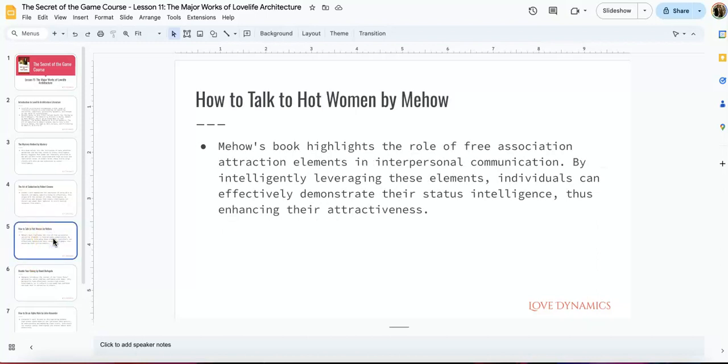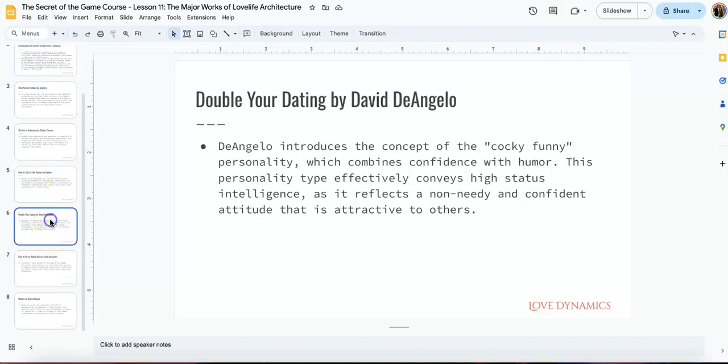With regard to How to Talk to Hot Women by Michał, Michał really talks through the ability to free associate elements of attractiveness, which we're referring to as status intelligence. And leveraging these elements, you can induce the feelings in the girl, and in doing so, become high status relative to her. So that's How to Talk to Hot Women by Michał.